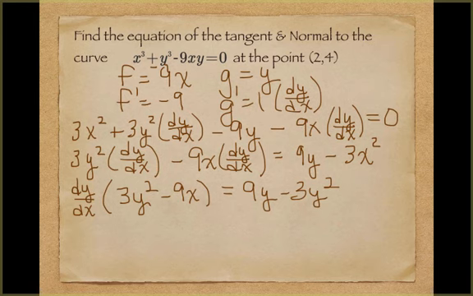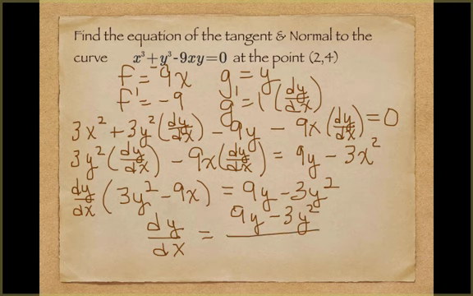Then dividing by the 3y squared minus 9x gives me dy dx equals 9y minus 3x squared over 3y squared minus 9x. Sorry about that, but the term in the numerator should be 3x squared. Sorry if that threw you off.